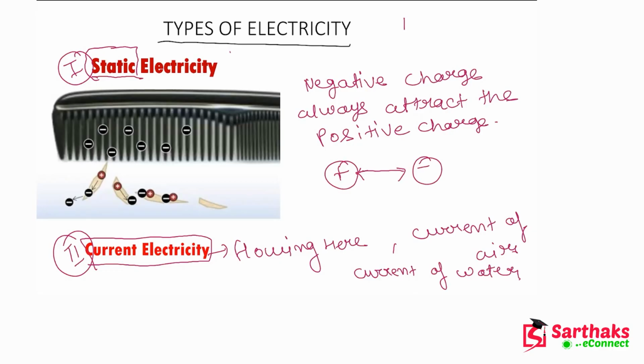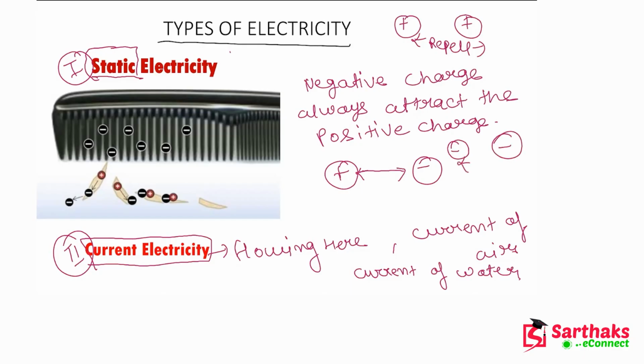Let's suppose this is a positive charge and this is also a positive charge. In this case, they will repel each other, because they are of same nature. Now, let's suppose this is a negative charge and this is also a negative charge.